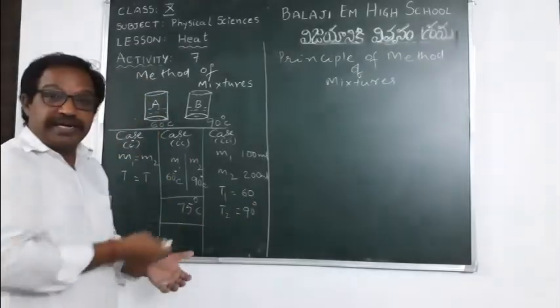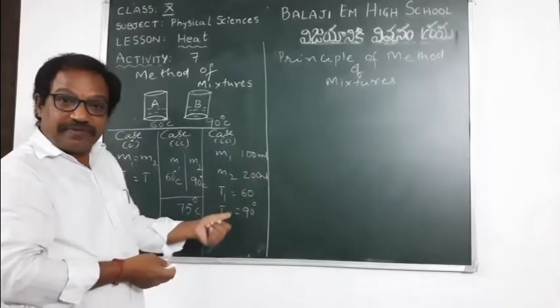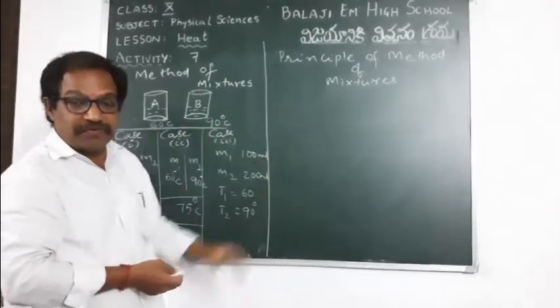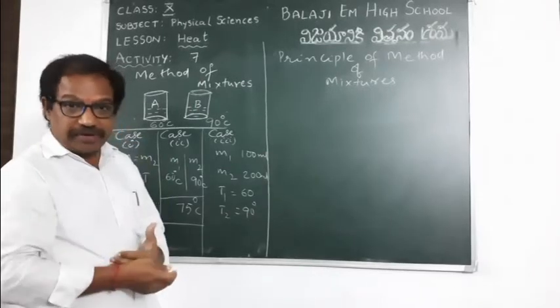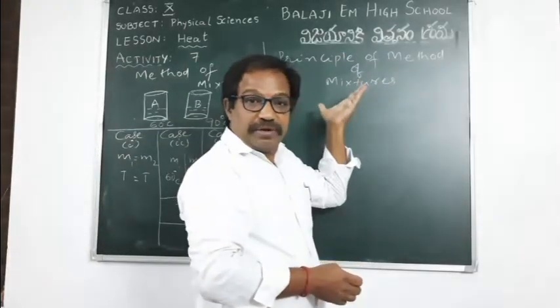Then you can't say directly it is 75 because their masses are different. So how can you calculate it in terms of a formula, how can you derive a formula? Let us take up the principle of method of mixtures.